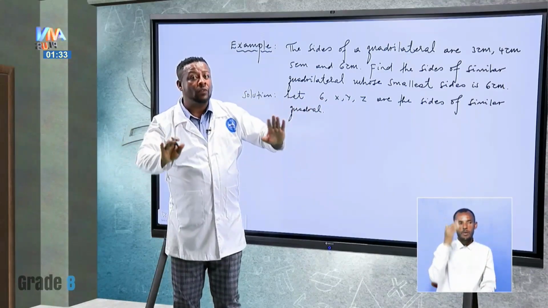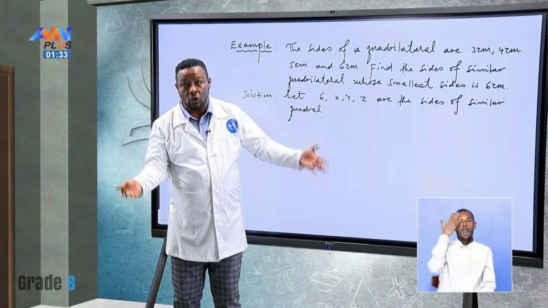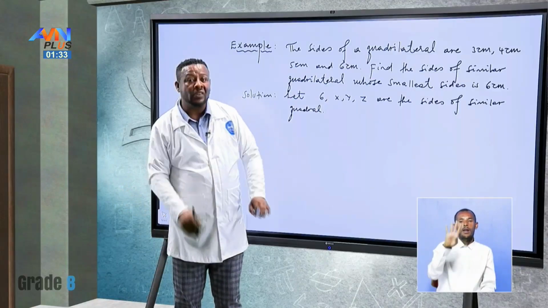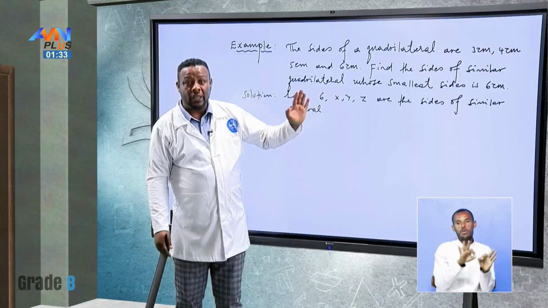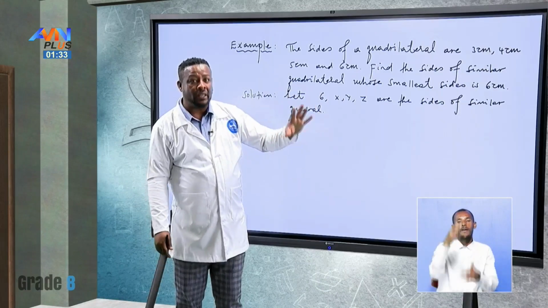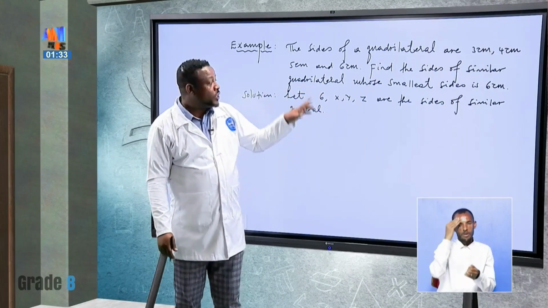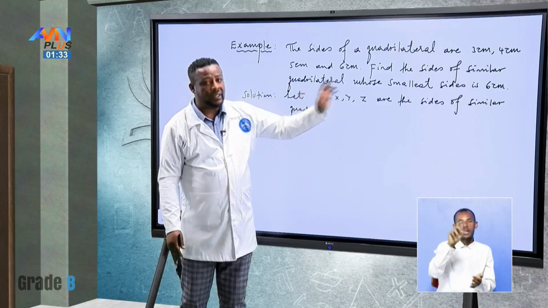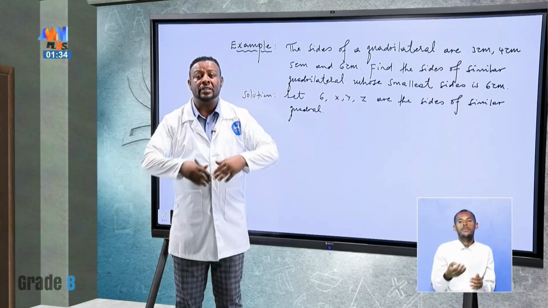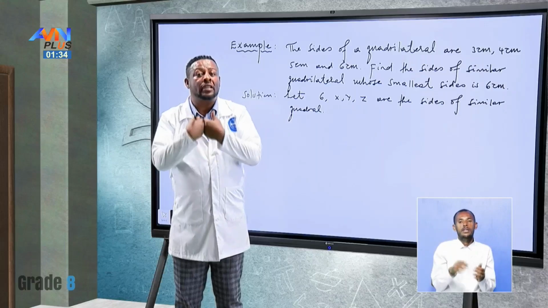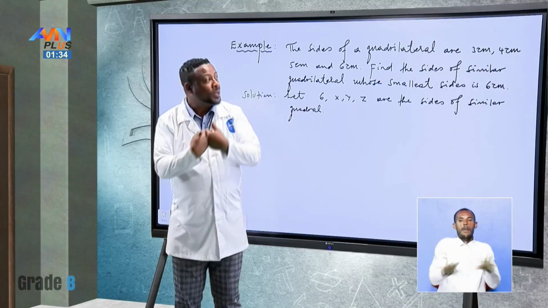One of the sides of the unknown quadrilateral is known, the smallest side of that quadrilateral. So you have to properly put all the variables and the known information. So 6, x, y, z. Why 4? Because it's a quadrilateral. That means it's a 4-sided plane figure, right?